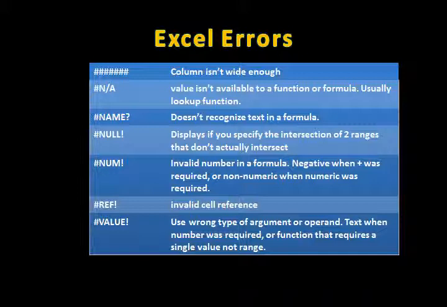Or hash N/A, not applicable, the value isn't available to a function, usually a lookup function, and you can read the rest here. Most of them relate to either the value is wrong, the value argument is wrong. In other words, it's looking for a number, but it finds text, or the other way around. Let me show you an example.